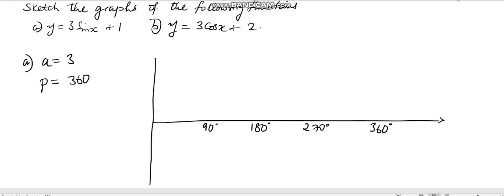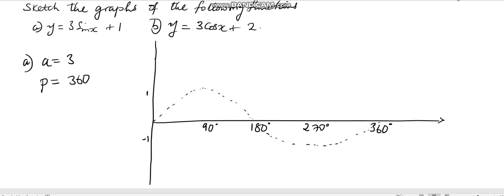So a normal sine function graph, so let's say this is our 1 there, and we have a negative 1 this side. So a normal sine graph behaves like this. It will touch 1 at 90, then go back to 0 at 180, then it will touch negative 1 at 270, and it will go back to 0 at 360 there.